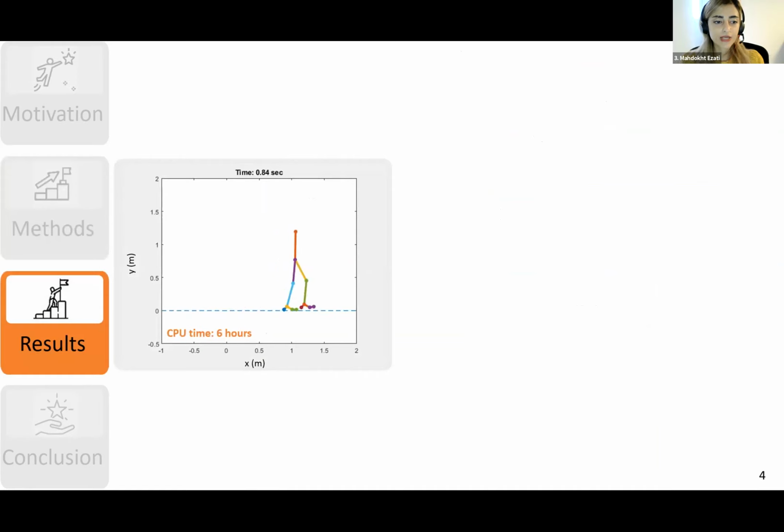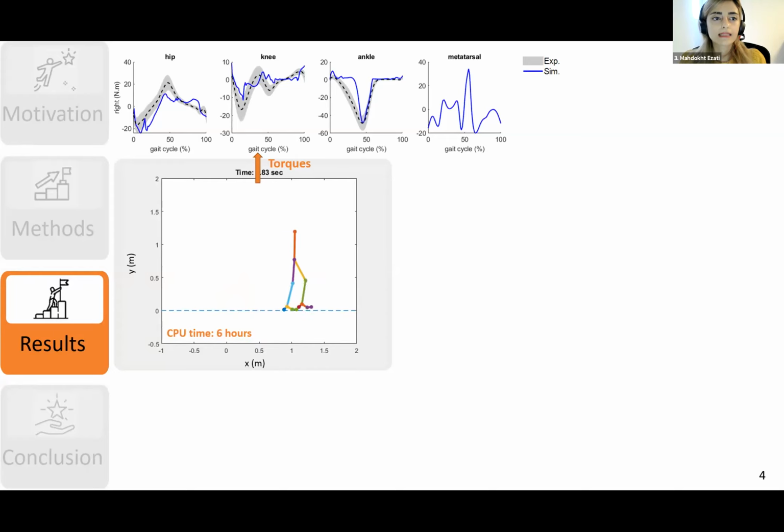In this slide, you can see the results from this predictive gait simulation. Here you can see the fully predictive motion using this proposed method. And on top of the slide, you can see the fully predicted joint torques. The blue curves are the predicted torques and the gray areas are the experimental torques.